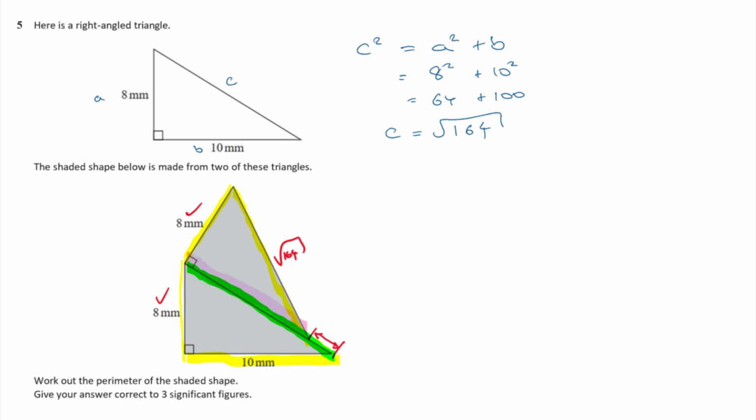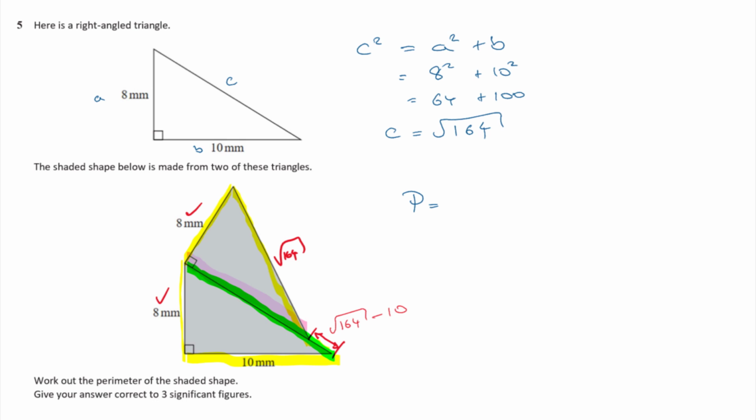So in other words, that little bit there is root 164 minus 10.